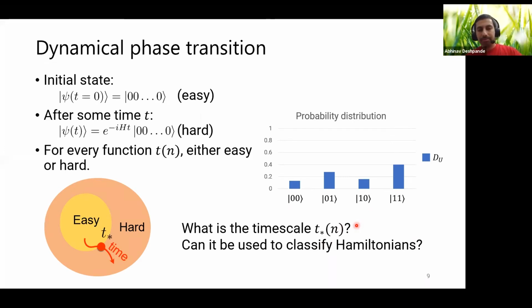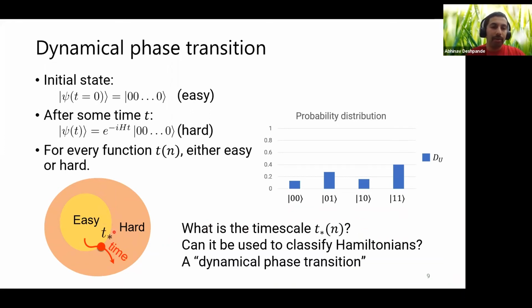So that's the kind of physics we are after. And this is exactly what we are calling a dynamical phase transition, because it happens as a function of time, and we call it a phase transition because at every t of n it's either easy or hard.